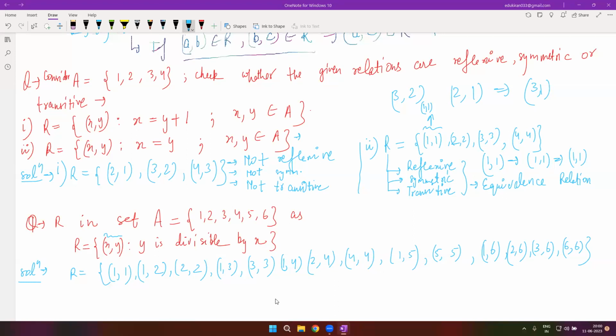Faiza, before that, what about reflexive and symmetric? For reflexive, (1, 1), (2, 2), (3, 3), (4, 4), (5, 5), (6, 6) should be there, right?